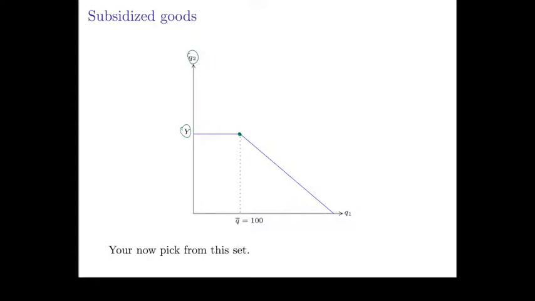So if you spend none of your own money on food, you get the bundle Y dollars, which you started with, on everything else, and the $100 free for food. Or you could start to spend the $100 plus some of your own money on food, and then you have to spend less on other stuff. Here, you get to spend all of your money plus the $100 on food.